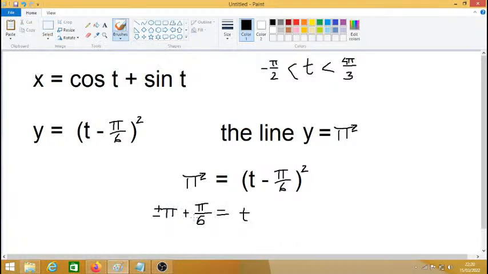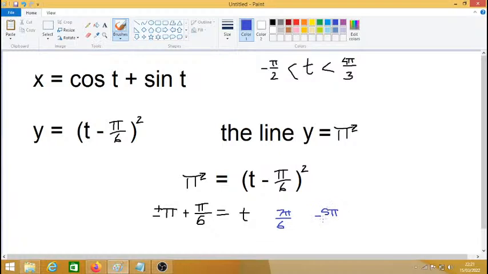So we've got two possible answers for t. We've got plus pi over 6, so that would become 7 pi over 6. And then the second answer for t would be minus pi plus pi over 6, so that would be minus 5 pi over 6.